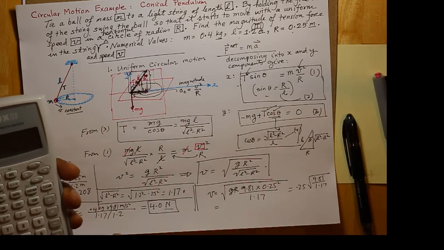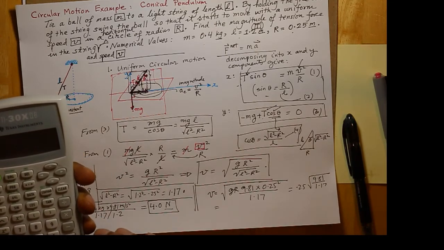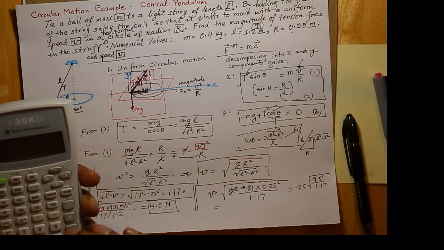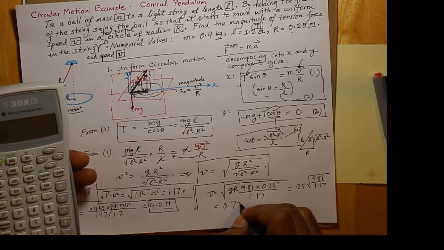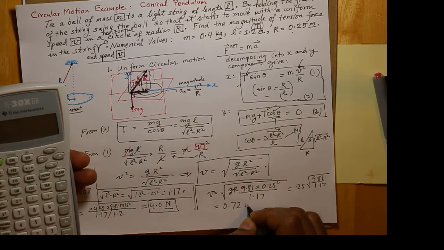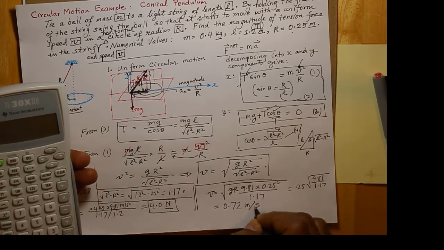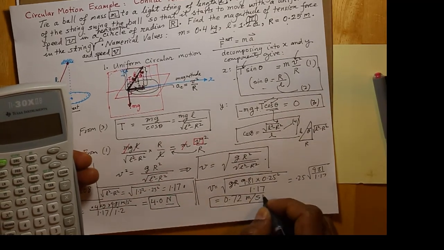Take a square root of that times 0.25, and I get 0.72 meter per second for this speed.